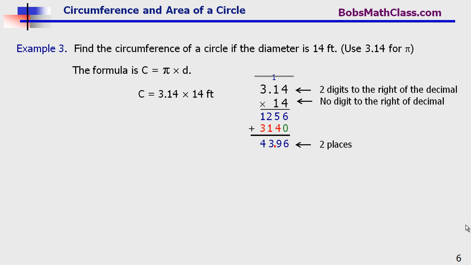So it's 43.96. And since it's feet, just write feet, 43.96 feet. You might want to pause and make sure you did your multiplication correctly.